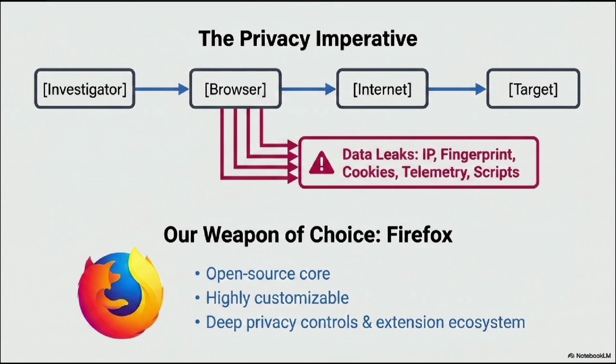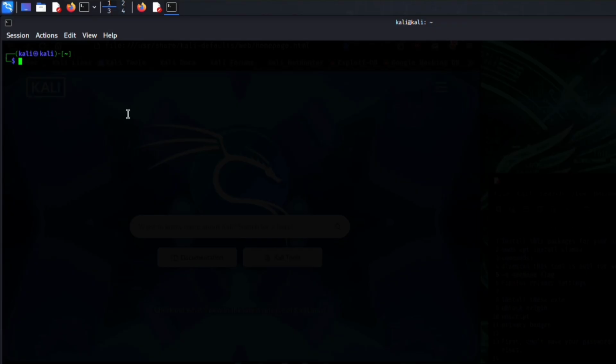Preparing our system. Before we begin configuring Firefox, let's install a basic security tool that can help us scan files for malware. Open your terminal and run sudo apt update. This updates your system's package information so that your package manager knows about the latest available software versions. Now install ClamAV: sudo apt install clamav.